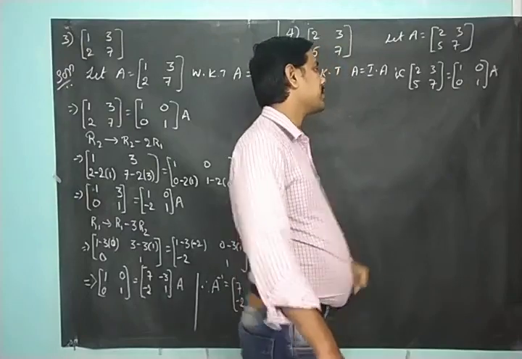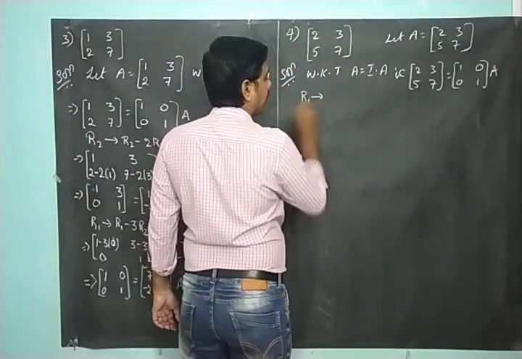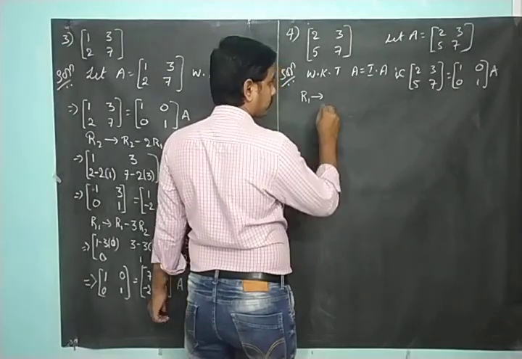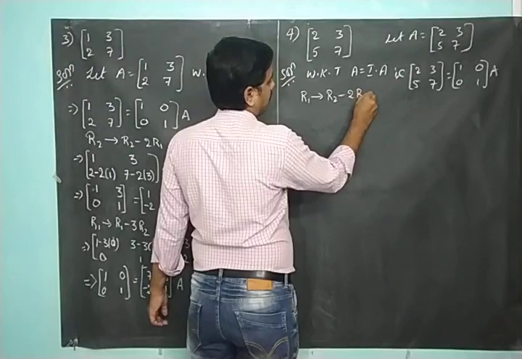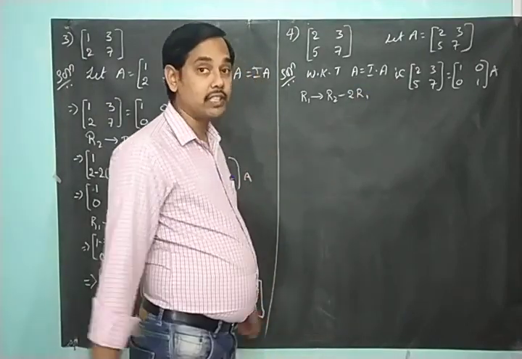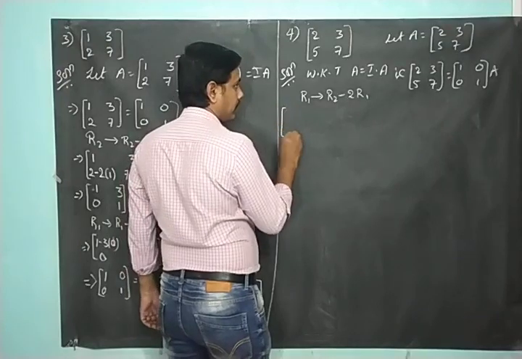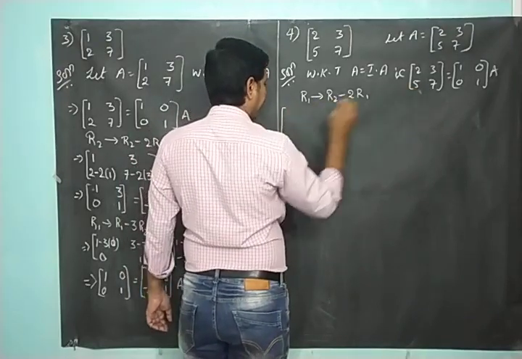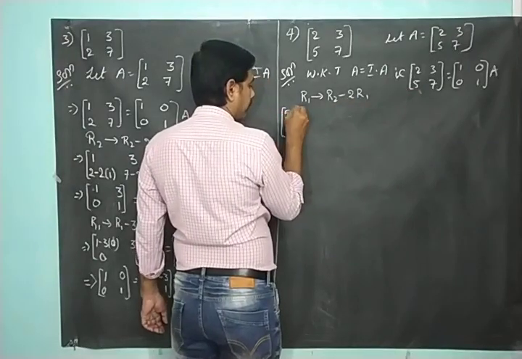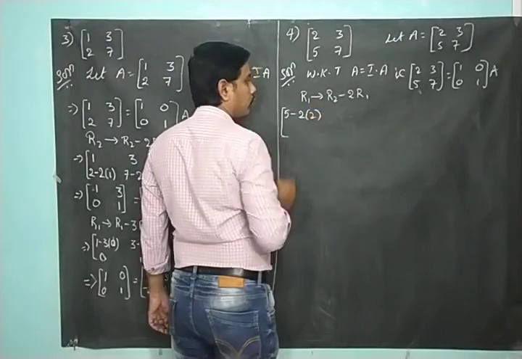We should get 1 here. So how to get that one? It can be obtained. R1 changes to R2 minus 2 times of R1. R1 will change to R2 minus 2 times of R1. Then what happens? R2 is what here? 5 minus 2 times of what is R1? 2.